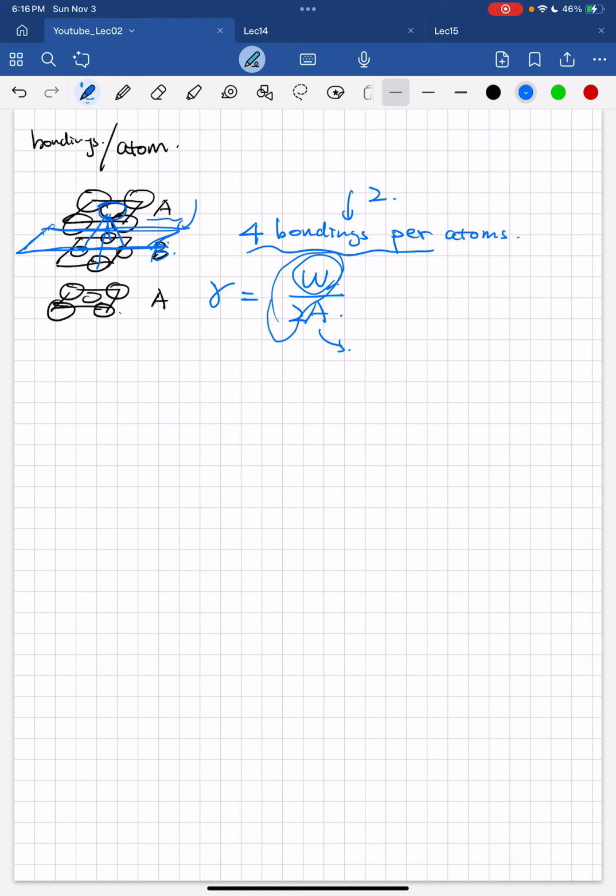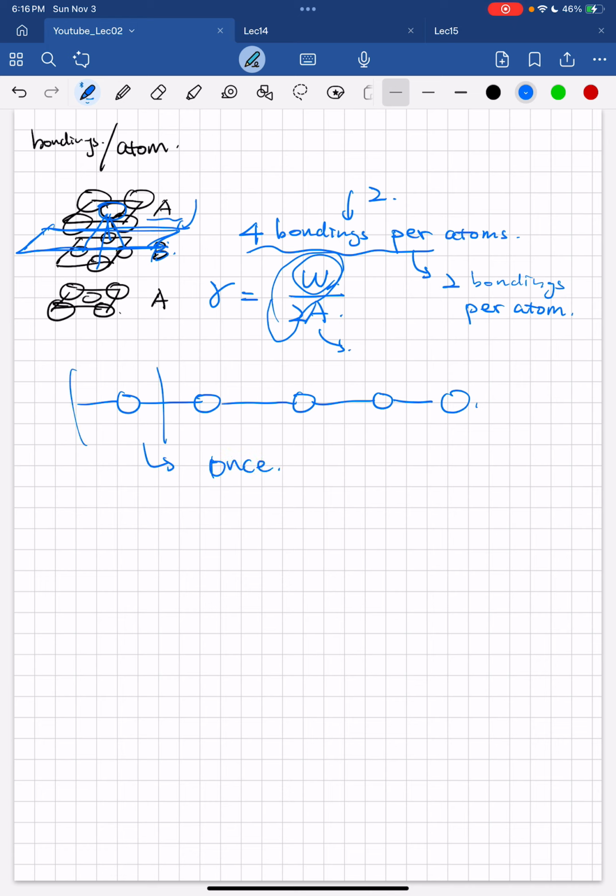So here you can just think of it like you're cutting 2 bondings per atom. It's the same concept as what I drew in the last lecture, where for this atom you only had to cut once.